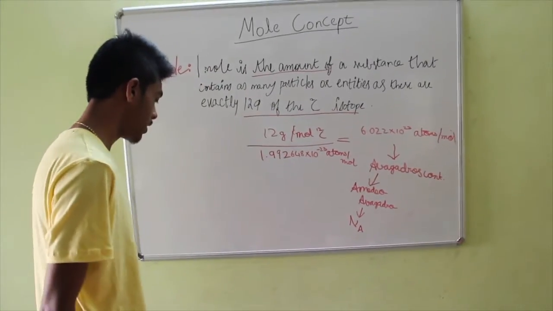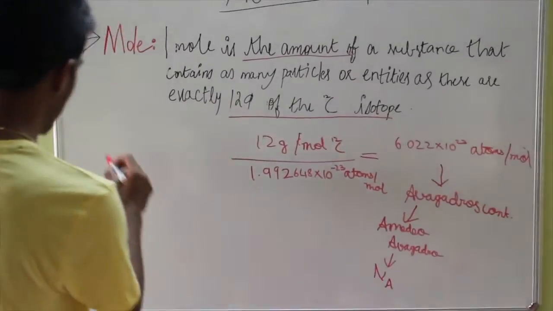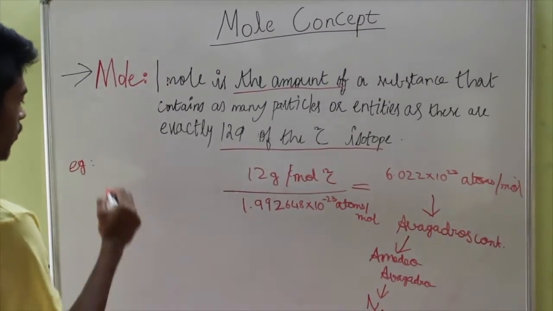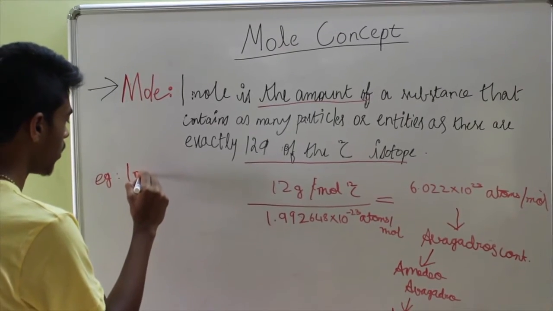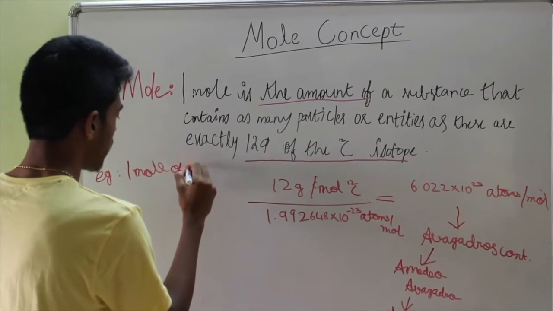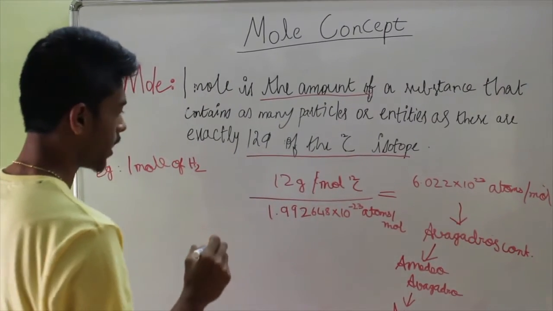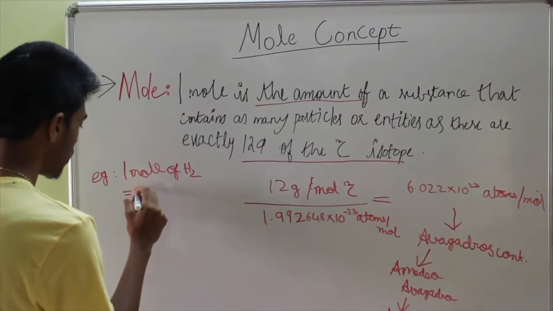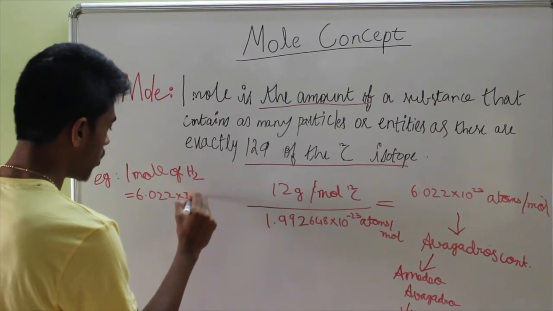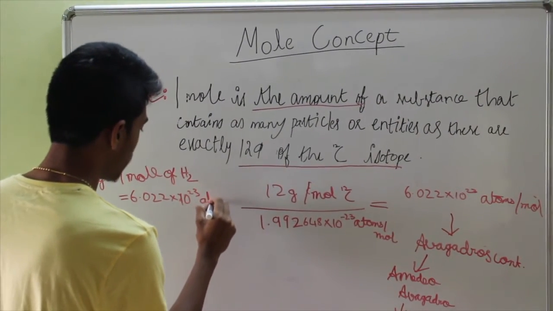Now let us take a few examples here. We'll take one mole of H2, which will contain 6.022 into 10 to the power of 23 atoms per mole.